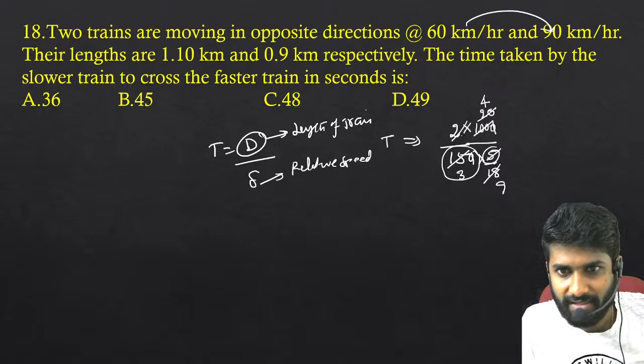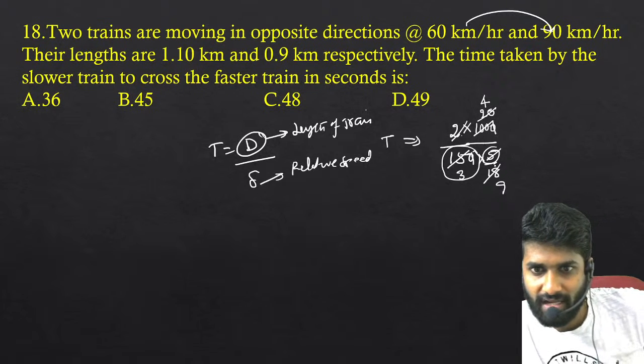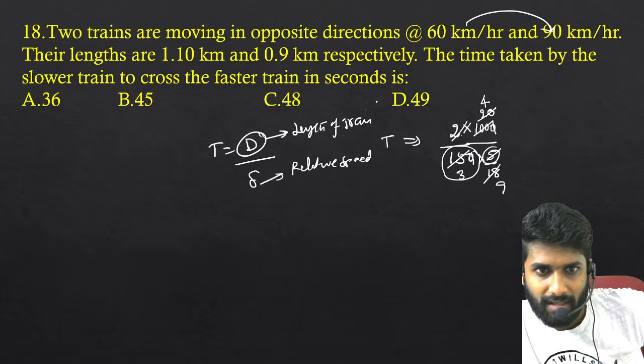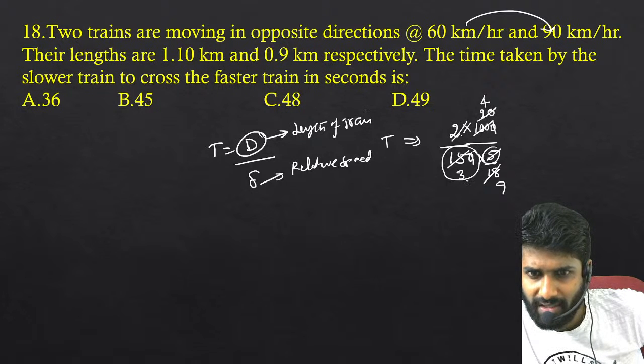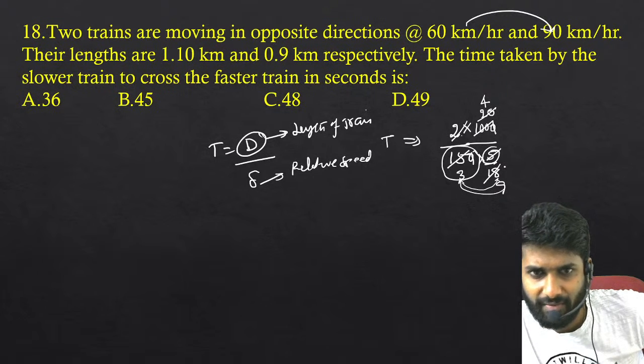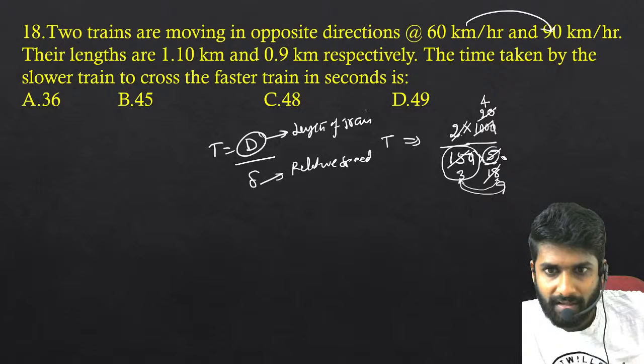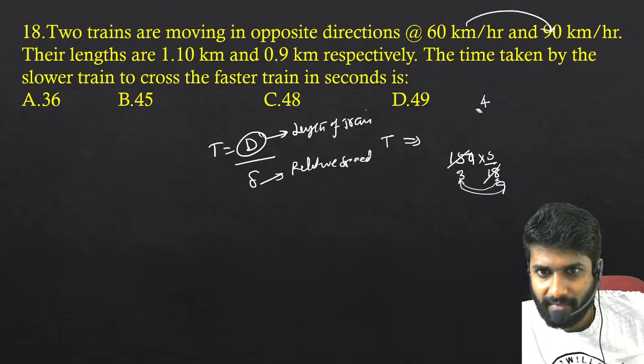So 2 kilometers, 1 kilometer into meters is 1000, and 5 by 18. Where did I make a mistake? Just wait, guys.